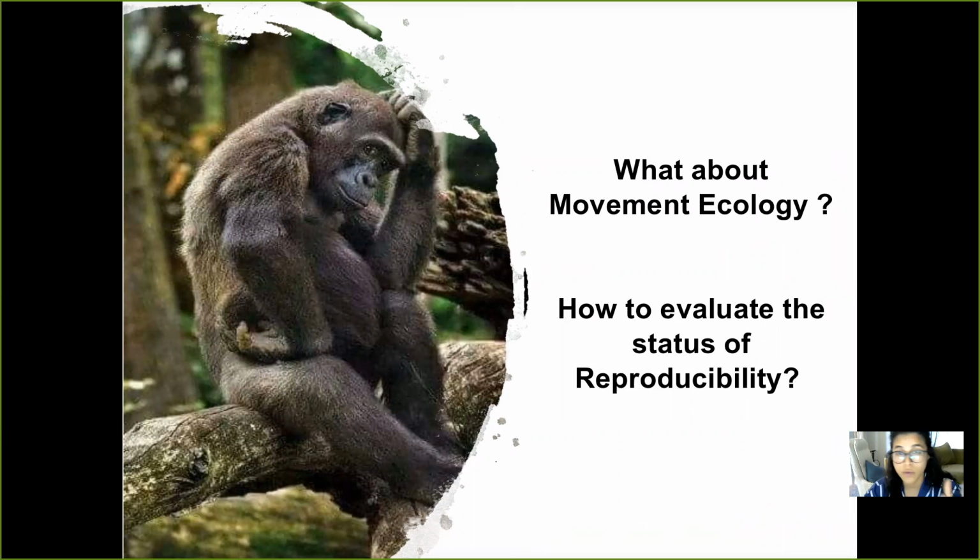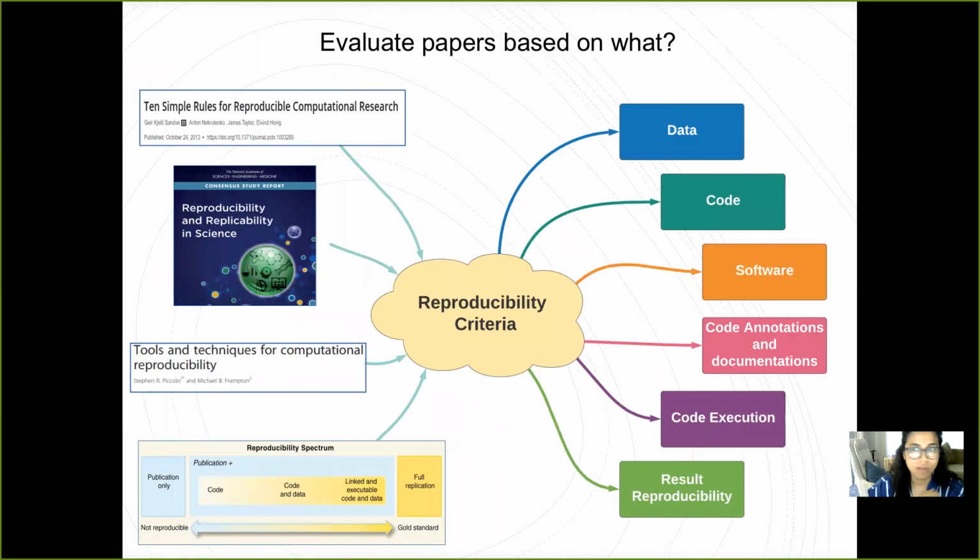So I was looking for ways of how to evaluate papers in movement ecology. So, game plan. First, I needed criteria by which to evaluate papers. What are the criteria that make good reproducible papers?